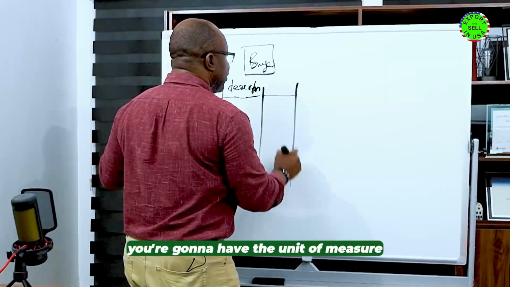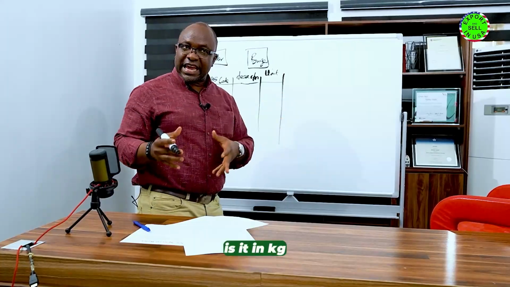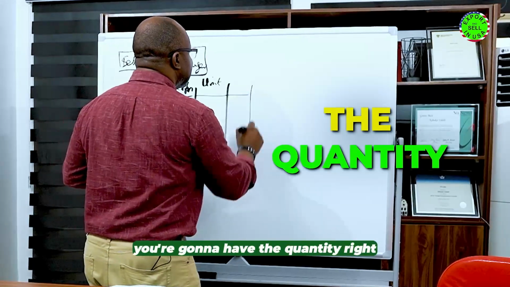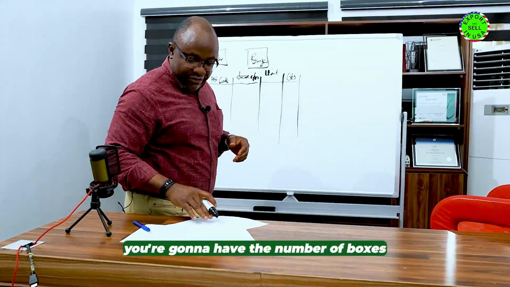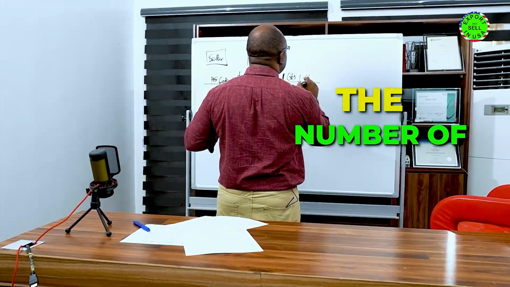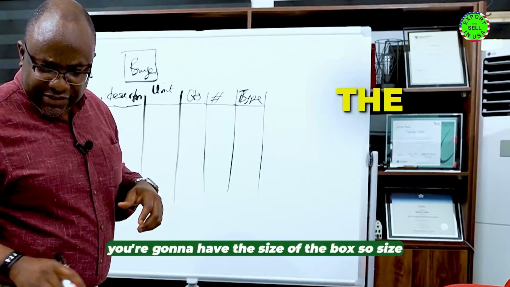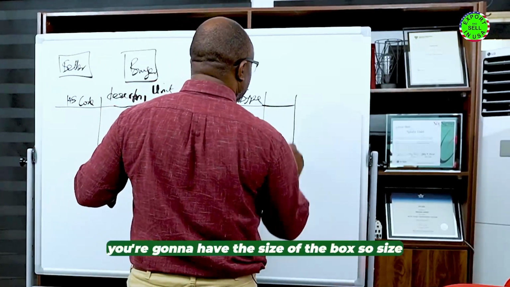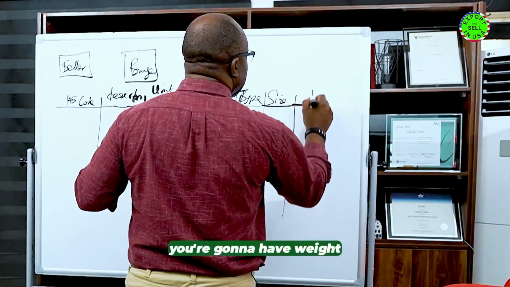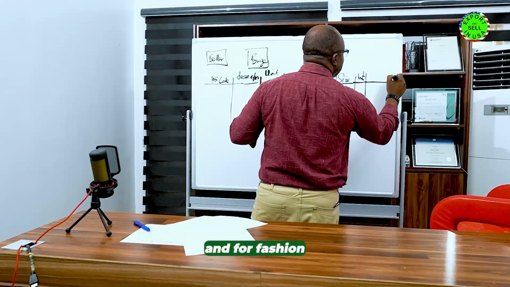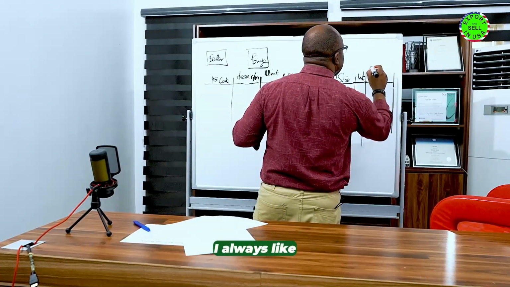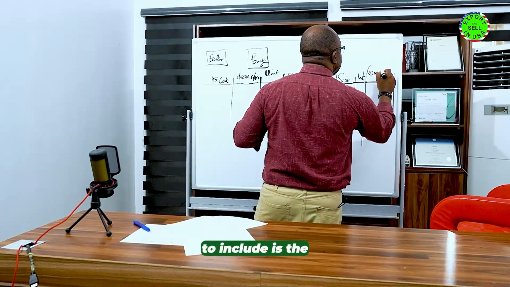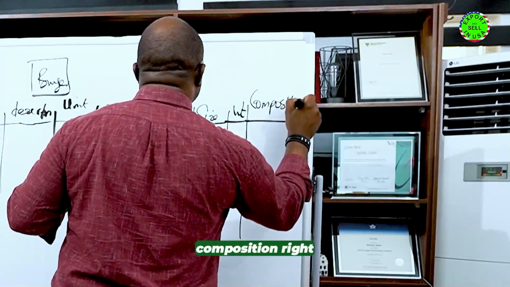You're going to have the unit of measure. Is it in kg? You're going to have the quantity, the number of boxes, the box type, the size of the box, and the weight. And for fashion, there's something I always like to include, which is the composition.